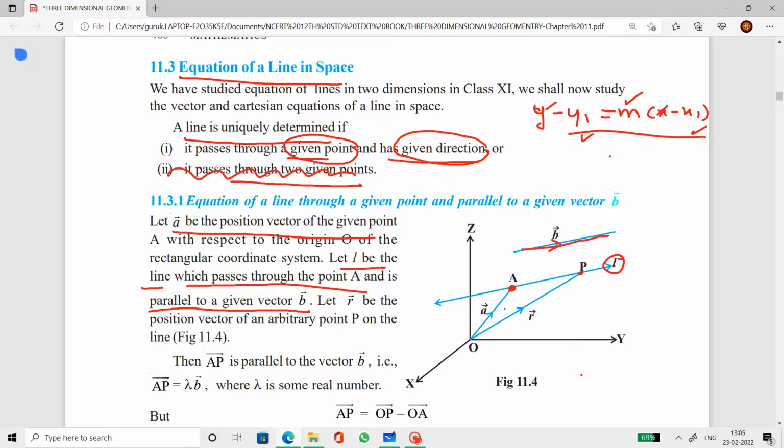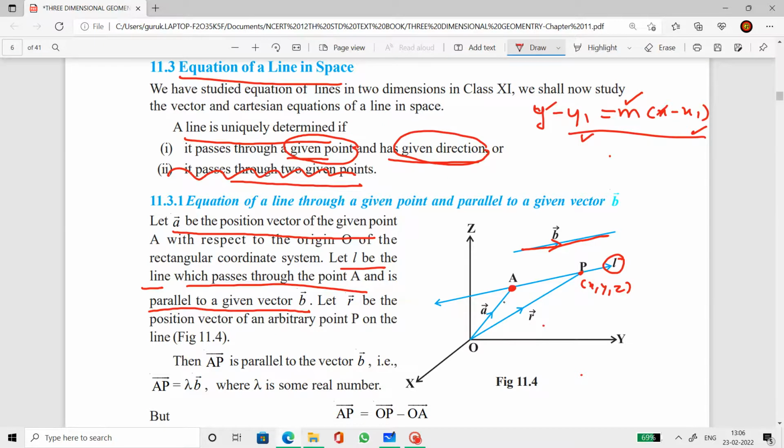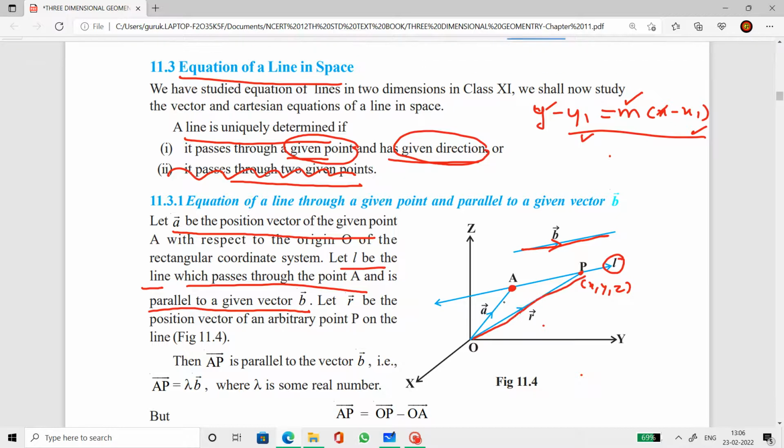So here also P is considered as x comma y comma z, which is an arbitrary point. When you make that into a position vector, you get an OP vector and that is considered as an R vector. So A is a given point, B is a parallel vector, and P is the arbitrary point which we make into an OP vector, which is considered as an R vector.